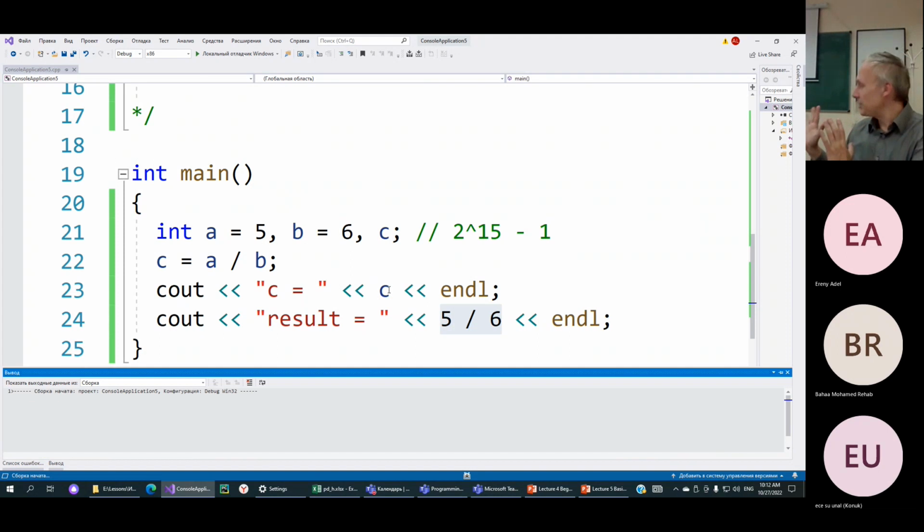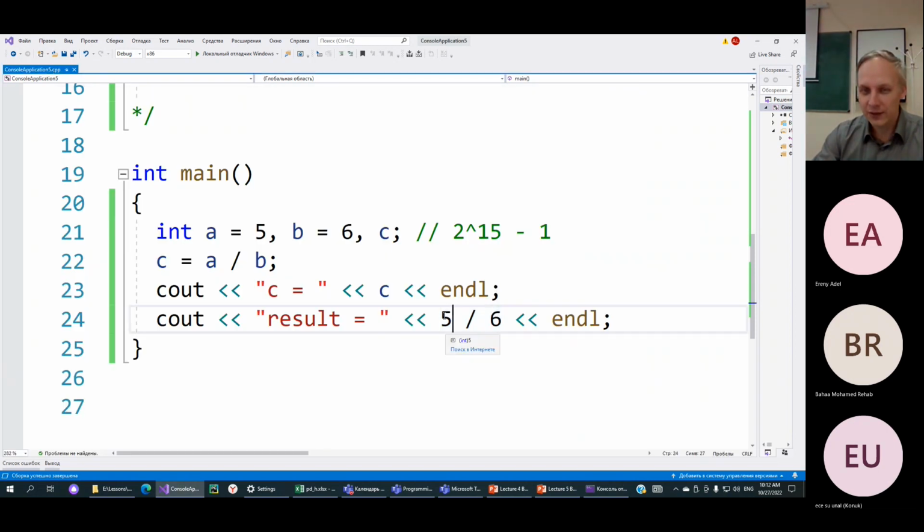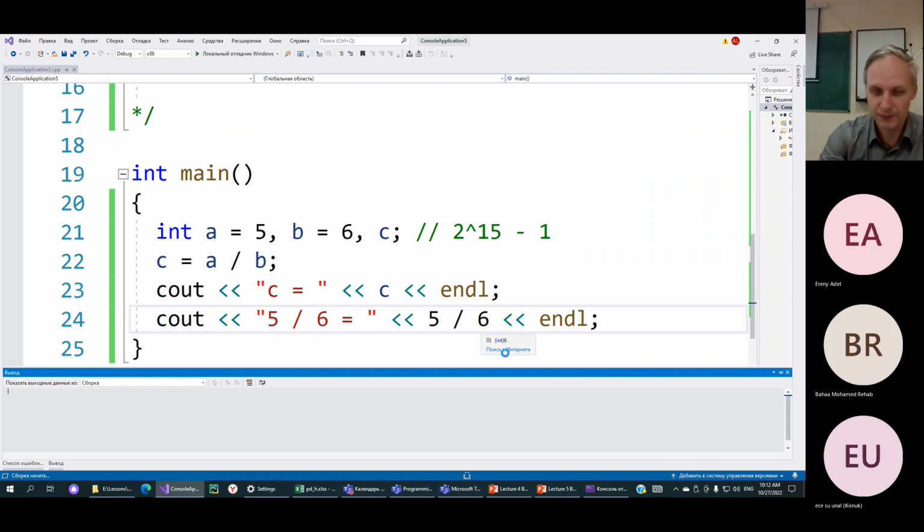It seems strange at first view, yes? But the computer considers the number 5 as an integer number and the number 6 as an integer number too. That's why the result of division 5 over 6 will be 0.